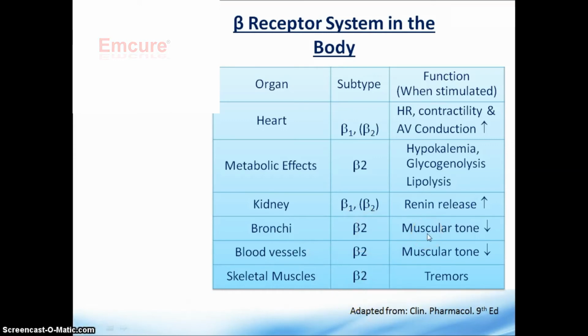What we see here is that in the skeletal muscles the stimulation causes tremors, whereas in the blood vessels and in the bronchi the muscle tone is decreased, so there will be a dilatation.